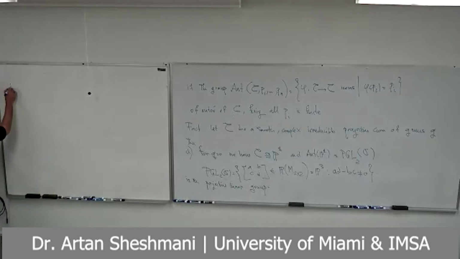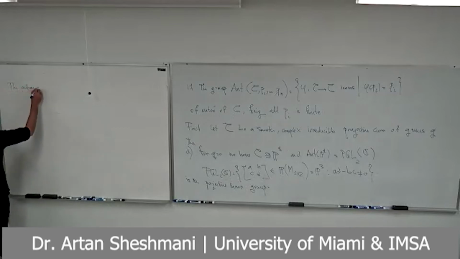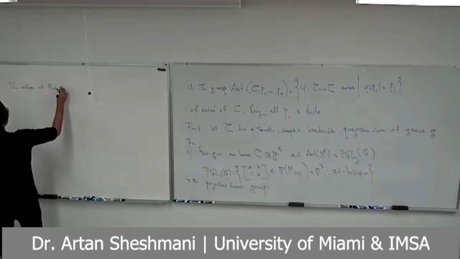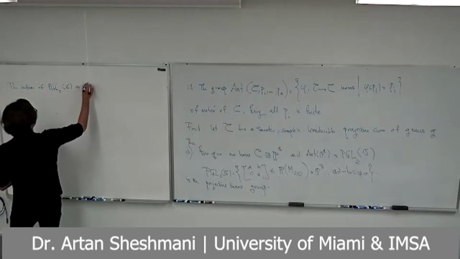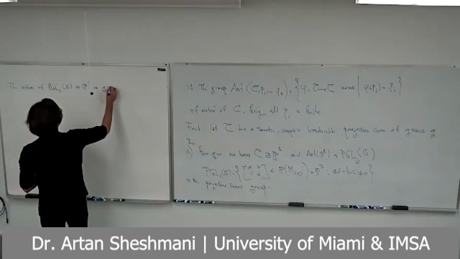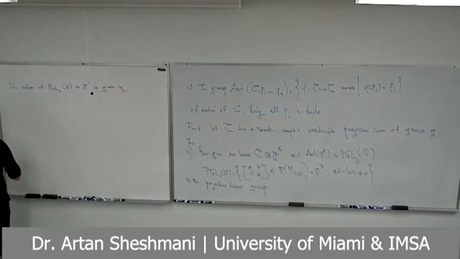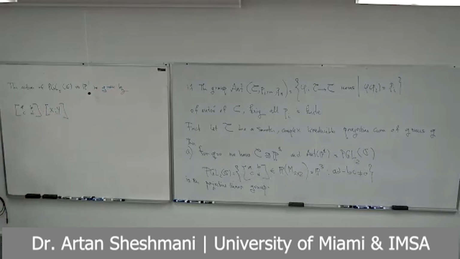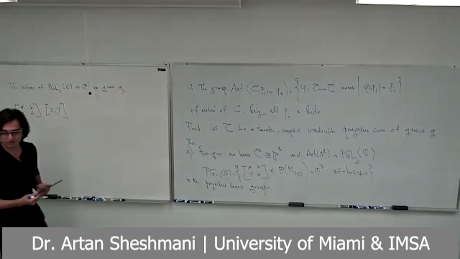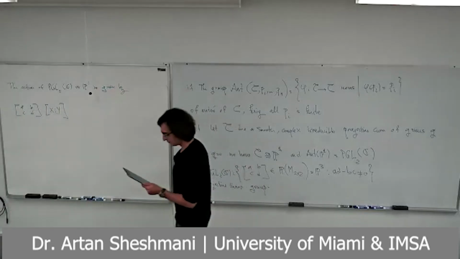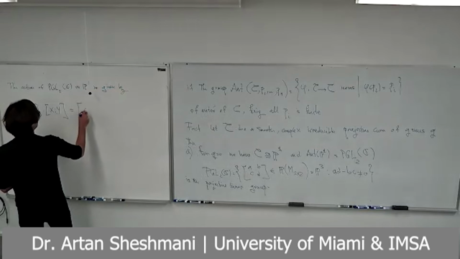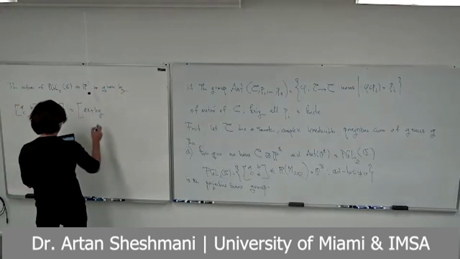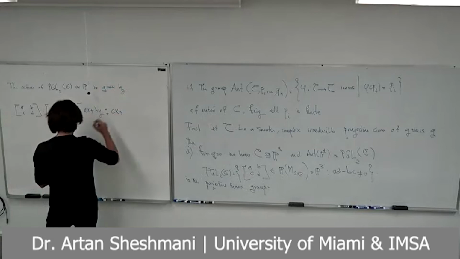So the action of PGL2C on P1 is given by a, b, c, d acting on the 2 homogeneous coordinates of P1, which locally give you the coordinates of C, because P1 locally looks like C. The result is given by aX plus bY and cX plus dY.